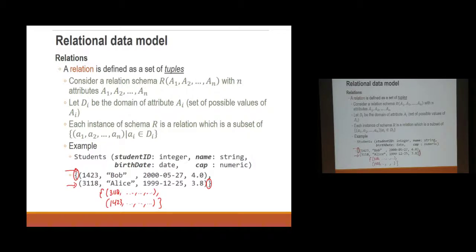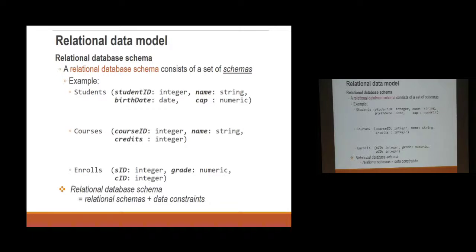Now once we describe what a relation is, we can also describe what is a relational database schema. Now we look at the database itself. We don't look at a particular instance of it. The database consists of multiple tables and is basically a set of schemas. So this is a possible schema, a possible schema, a possible schema. If you have a set of this, that means you just have to put this inside a set.